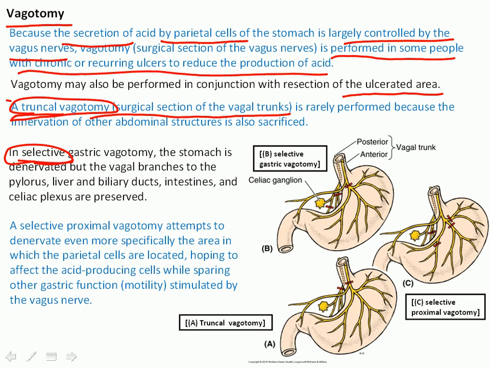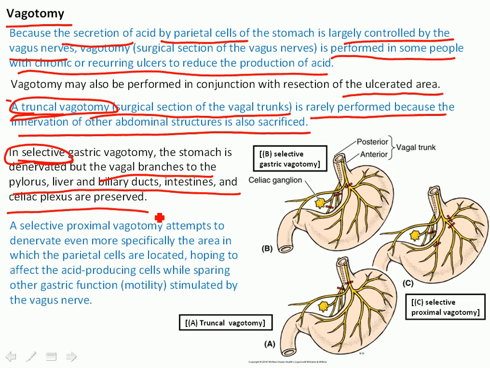Because it severely affects parasympathetic innervation of not only the stomach but also the duodenum and other portions of the gastrointestinal tract. In selective vagotomy, the stomach is denervated, but the vagal branches to the pylorus, liver, biliary tract, intestines, and celiac plexus are preserved.